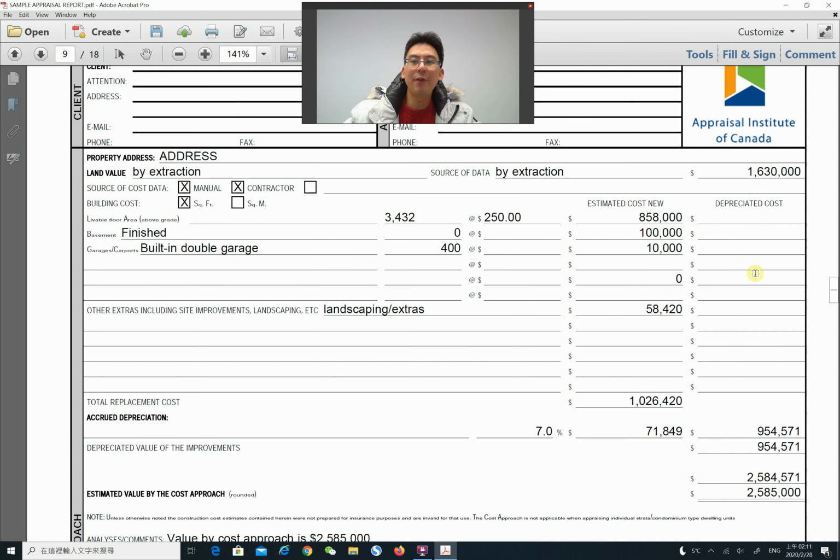Okay. Now, one thing I will highlight is the land value. Sometimes, if you have a client that buys a property in a very nice neighborhood, but the house is like a very small bungalow, it is selling for like 2.5 million.